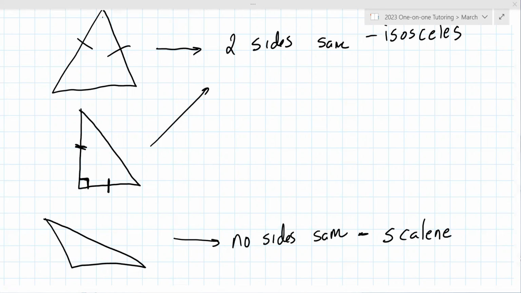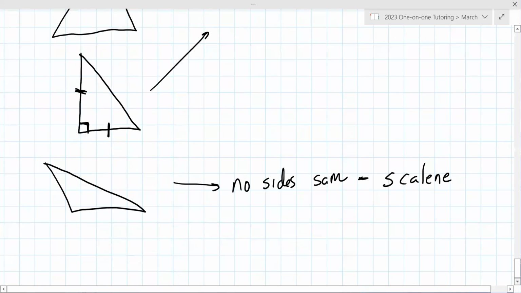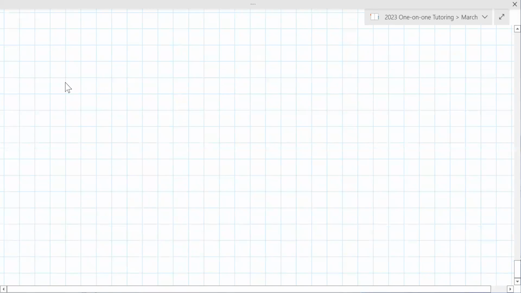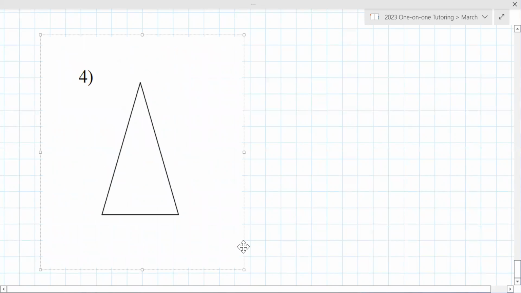Let me look for some problems, otherwise I'll make a few up. Okay, here we go. All right, so let me snip this one in, and let me label the sides here. 8, 12, and 12.